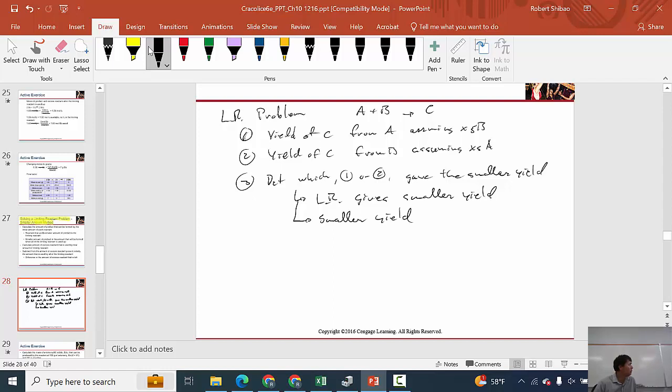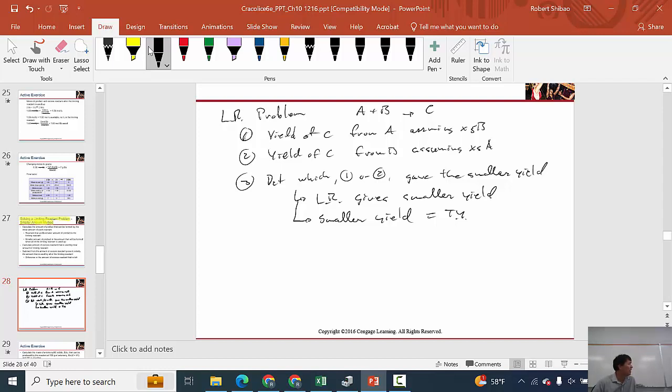We can't produce the higher yield because we would run out of parts. That is, A or B would run out.